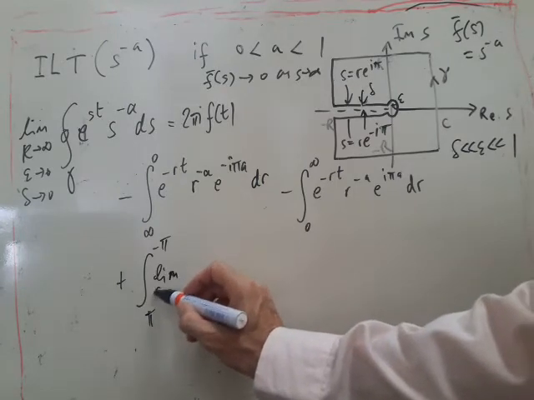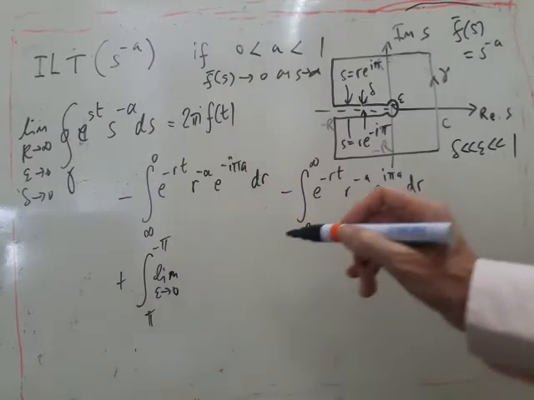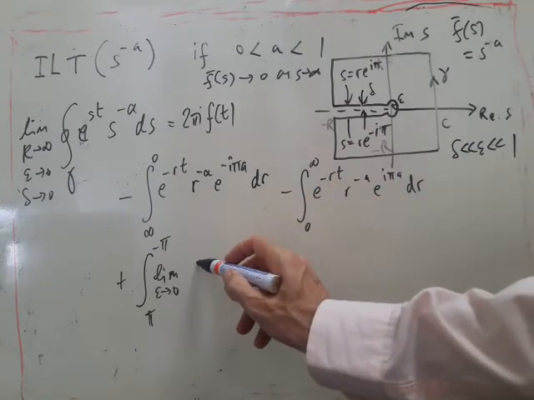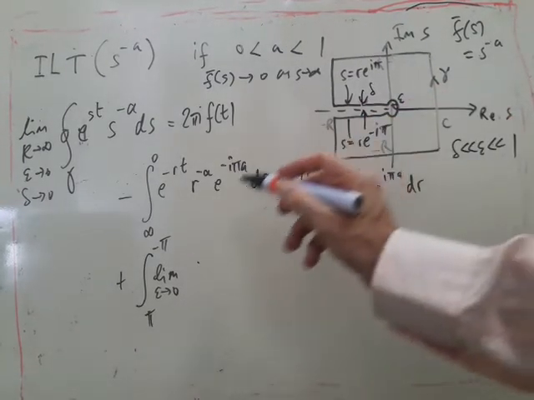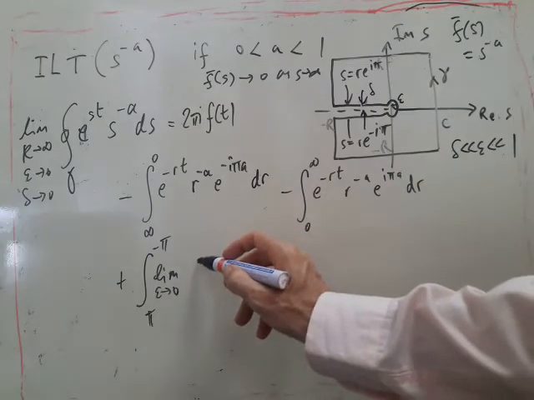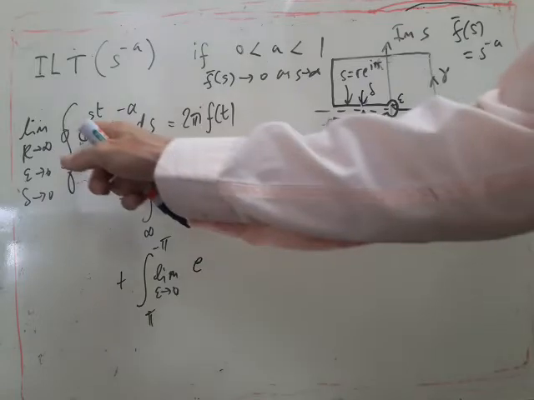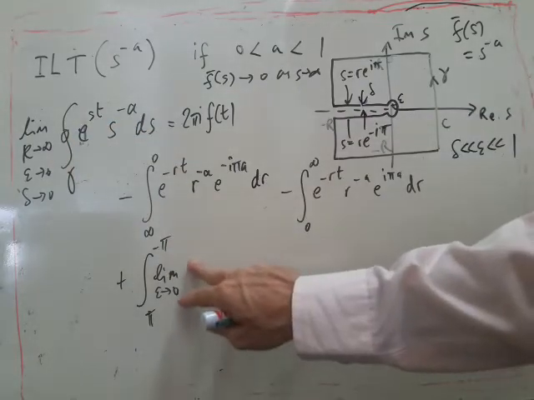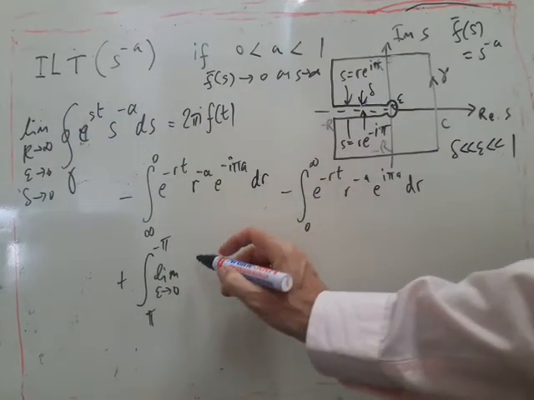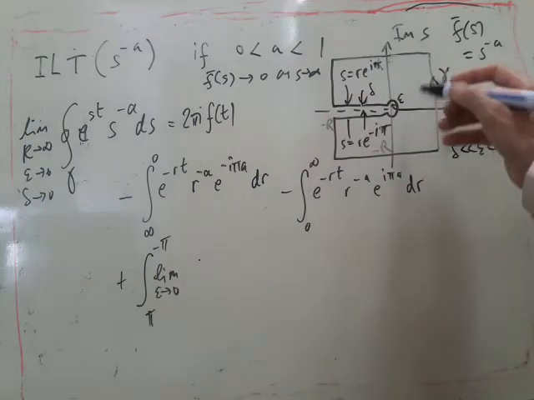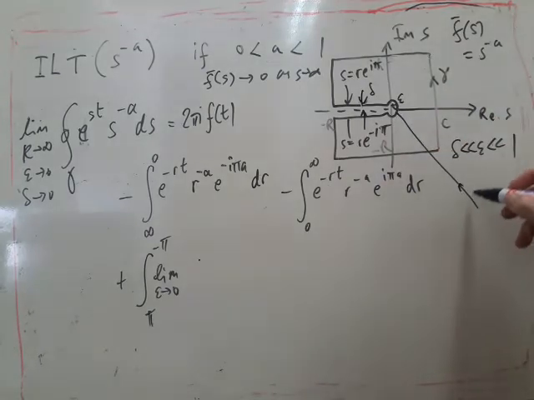limit as epsilon goes to 0 of this thing. So we already know that this thing is going to tend to 1, I'm not going to write that each time. So s is equal to epsilon e to the i theta.